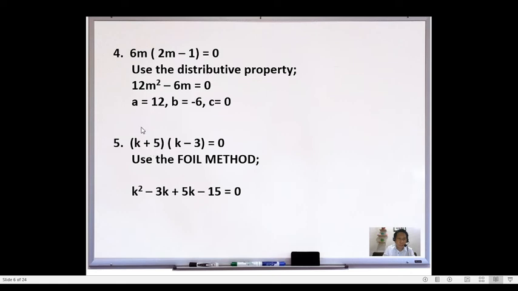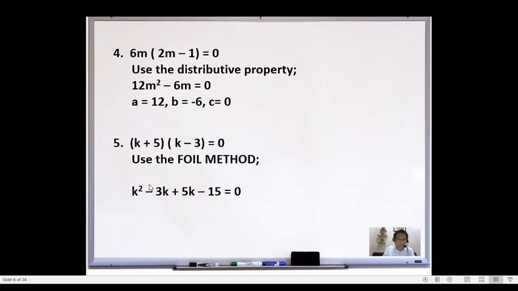We have k times negative 3. This is negative 3k. Next, the product of the two inner terms, they are 5 times k. This will give us 5k. And the last is the product of the two last terms, that is 5 times negative 3. This will give us negative 15 is equal to 0.